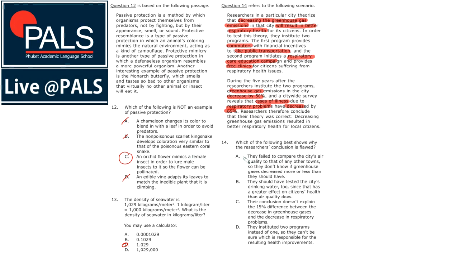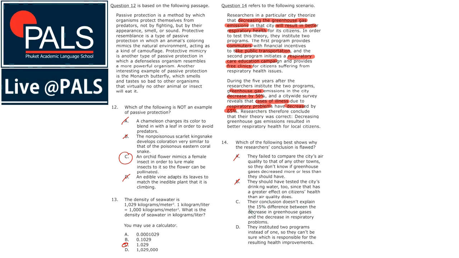A might be compelling, but since we are comparing the decrease in greenhouse gases to respiratory health before and after, this would be some kind of control group, but it's not really important here in this case. They should have tested the city's drinking water. Yeah, drinking water, again, it's about respiratory health, so probably doesn't affect that so much.